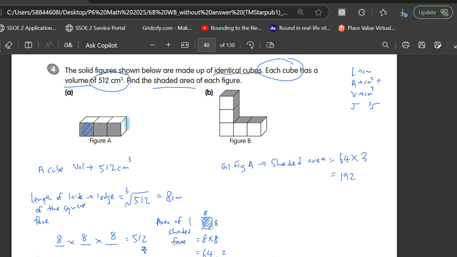Units is cm squared. Now, then we go to figure B. Figure B, the shaded area, how many faces? 5. So it's 64 times 5. Is this okay? Can I understand?